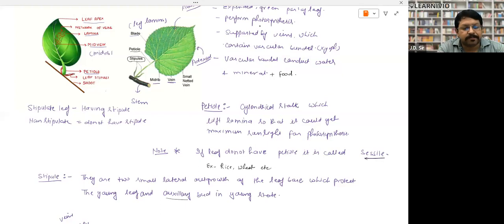Most of the monocots have sessile leaf. That is, they do not have petiole. Right.